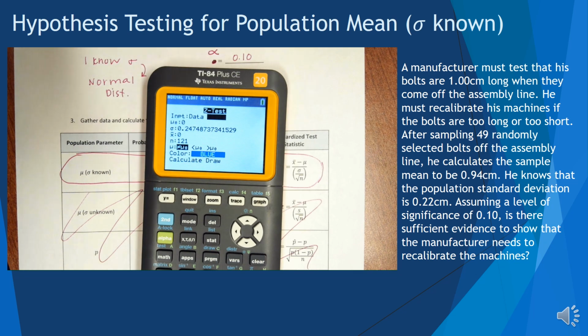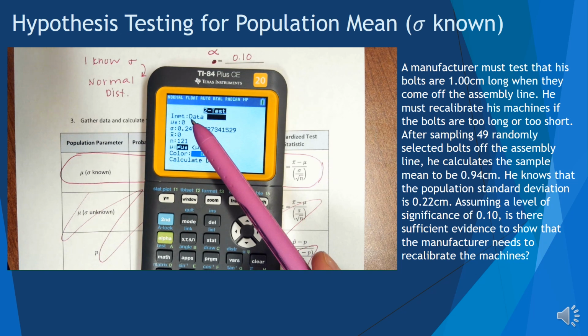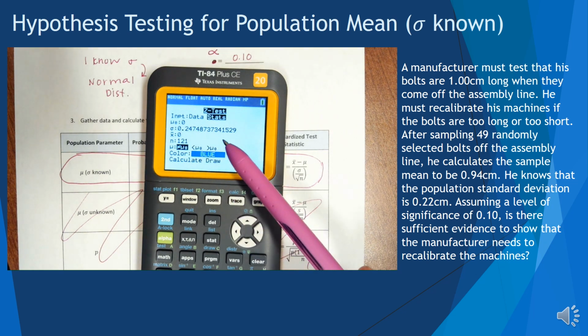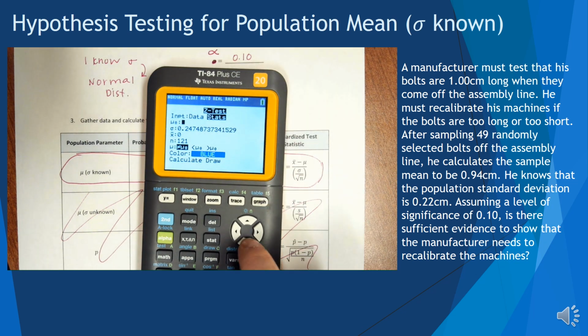Just like with the confidence intervals, if you have a data set, you would go to data, and you would need to have that data typed into your list. And if you don't have a set of data, then you're going to use this stats option. That's what we're going to do. So our null hypothesis value, let me state that again.